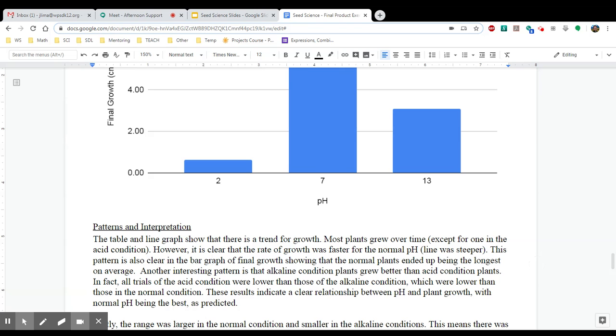Another interesting pattern is that the alkaline plants grew better than the acid plants, but in fact, all the acid trials were worse than the alkaline conditions. The results indicate a clear relationship between pH and plant growth. So I'm not only listing the patterns, but saying how those patterns justify my prediction being wrong or right. And that's how it looks in a good results section.